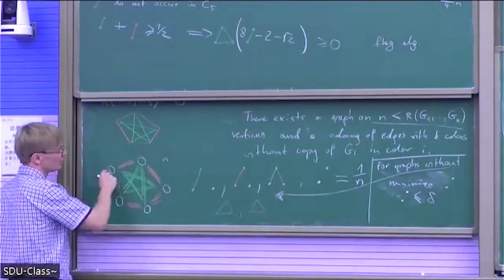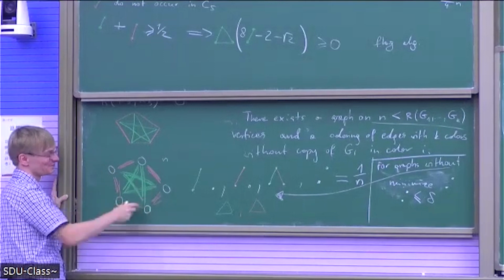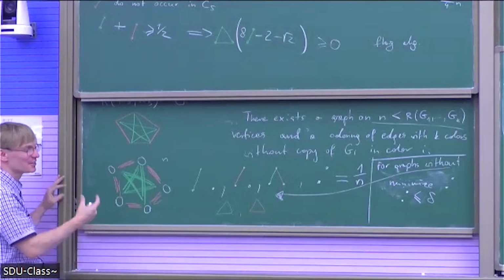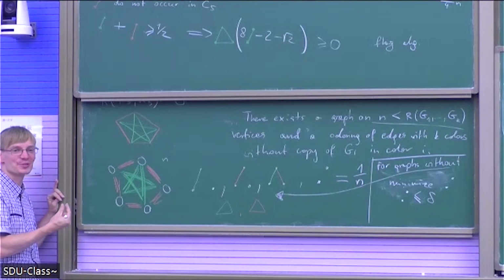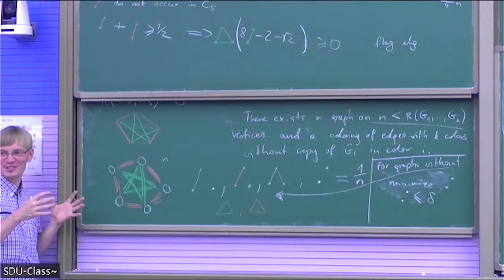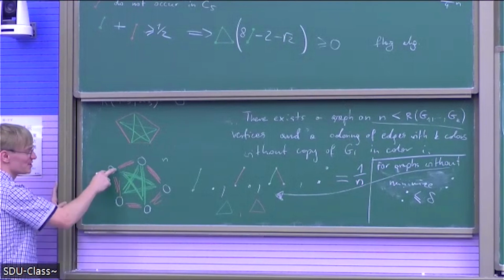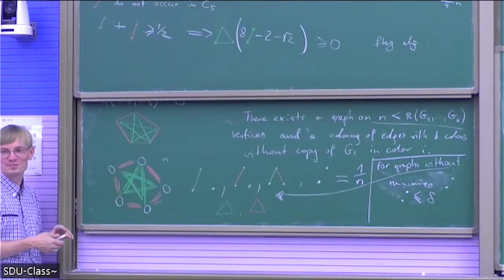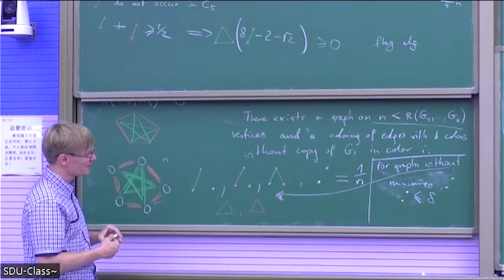If I can find a larger graph, then the density will be smaller. So in order to say that there is no large graph, I need to say that the non-edge density cannot be too small. So I'm trying to minimize.